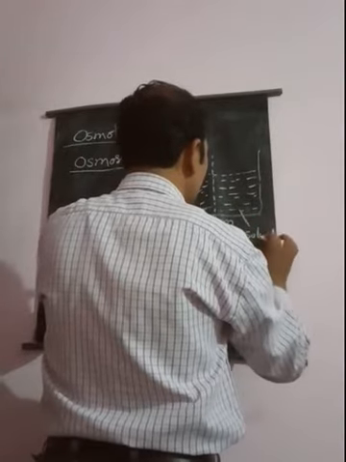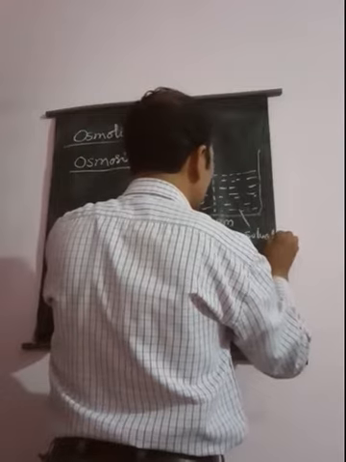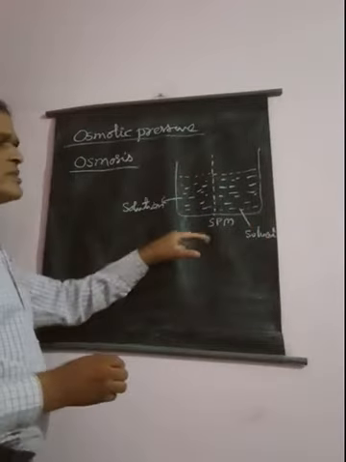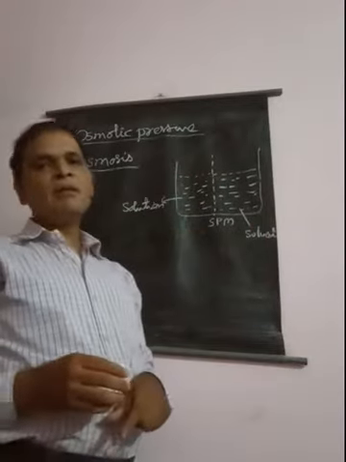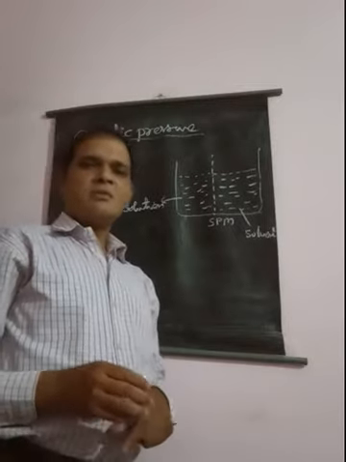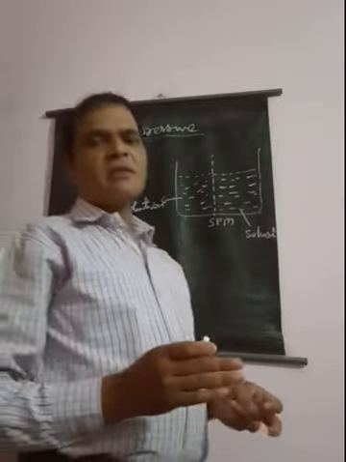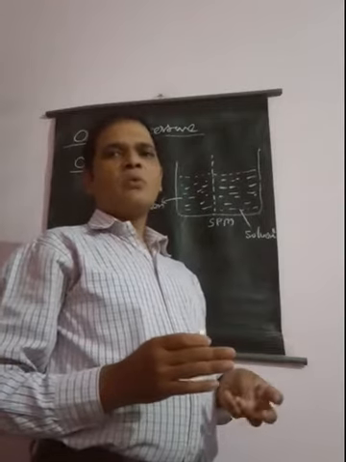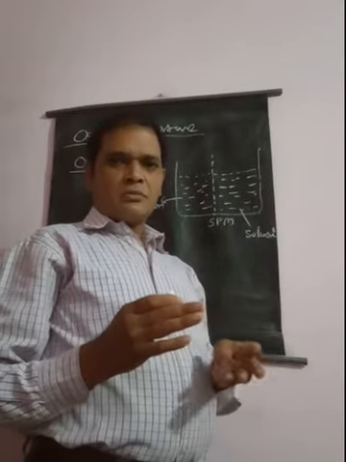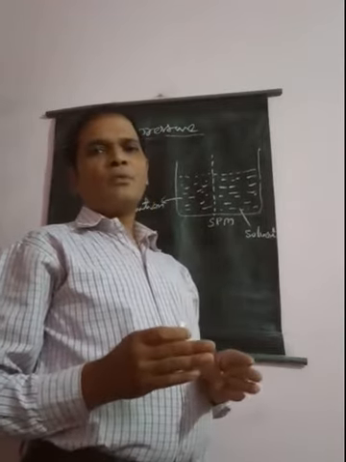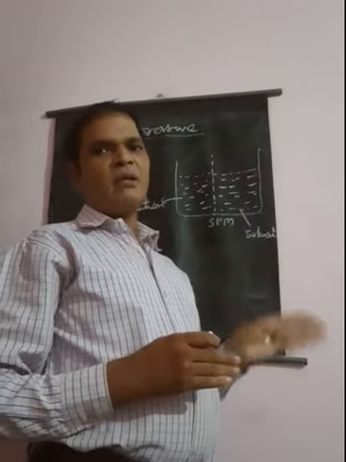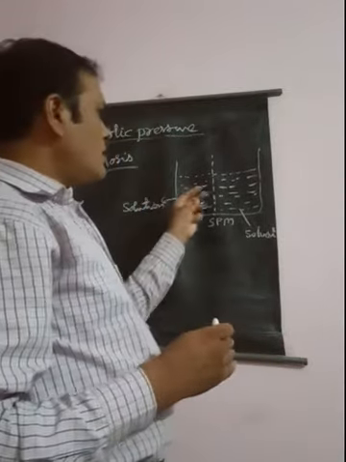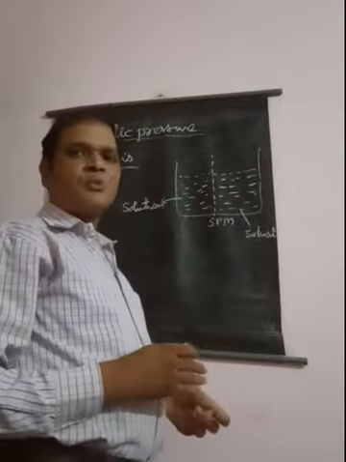Now first of all, before understanding osmosis, we will define what is a semi-permeable membrane. A semi-permeable membrane is a membrane which generally allows the particles of solvent to pass through itself from low concentration to the higher concentration.